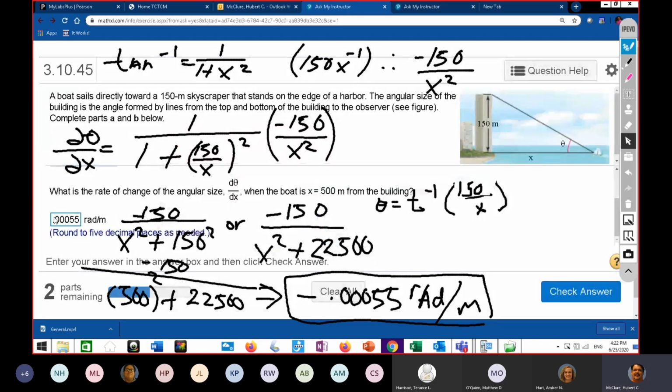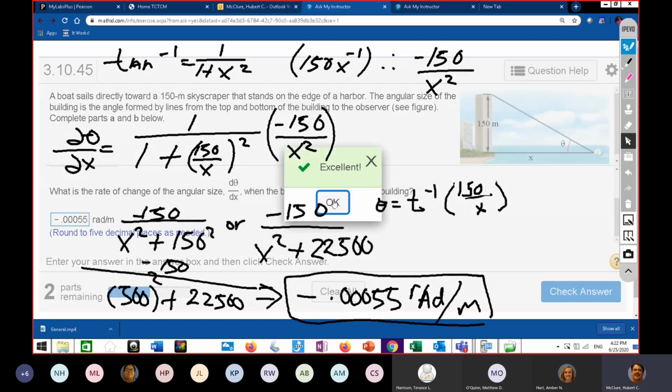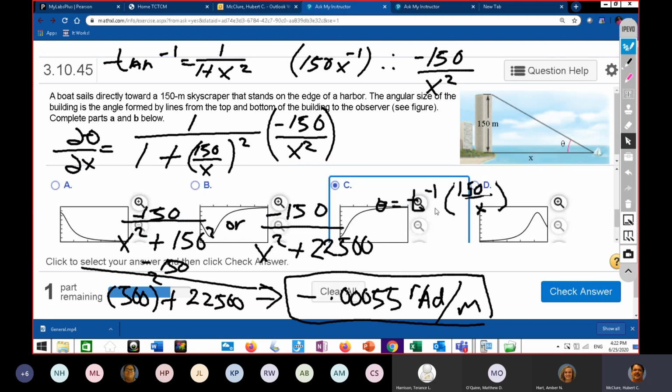Negative means it's decreasing. But that goes to the question that I want to, there we go. And the graph is C. So just make a note of that one is C.